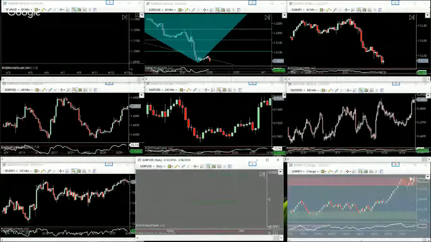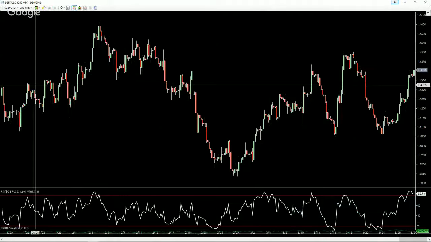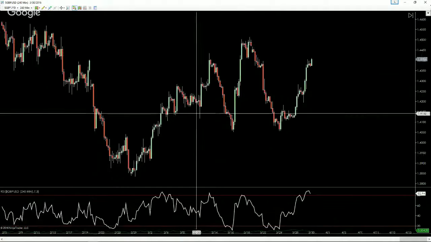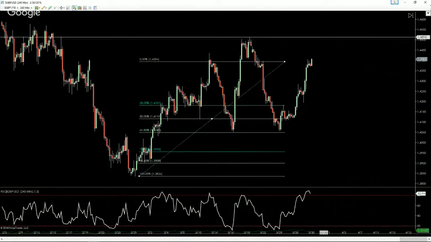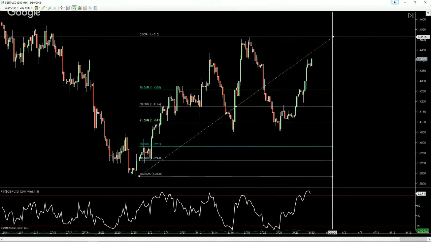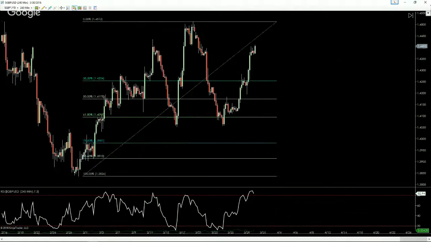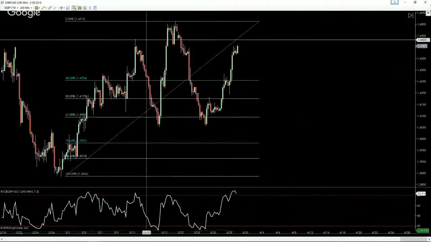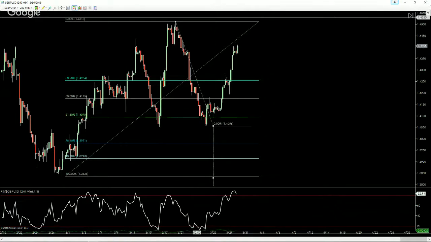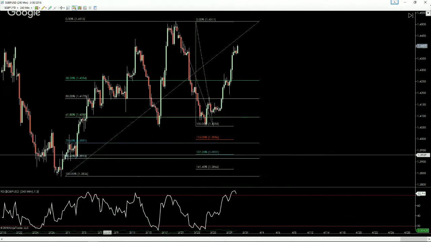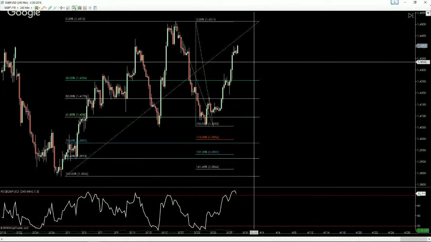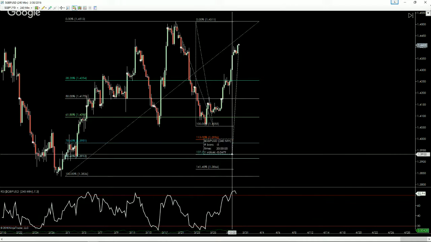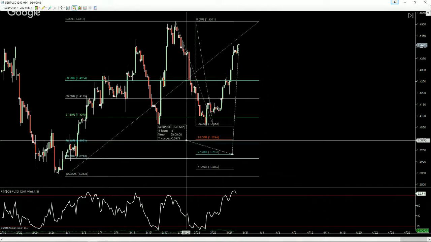Let's see if we have anything in the 4-hour. The 4-hour, if price comes back down to the 127 right here, we could have a potential Gartley pattern that is about 500 pips away still.